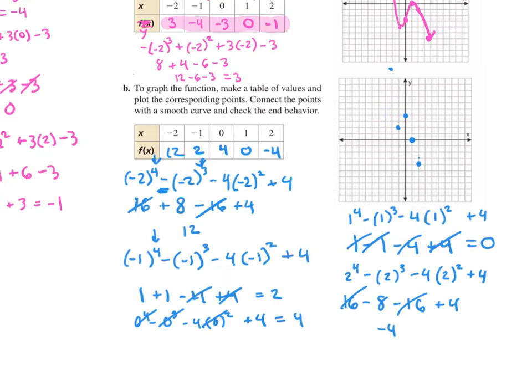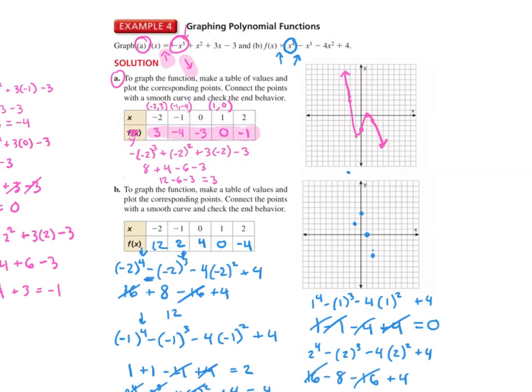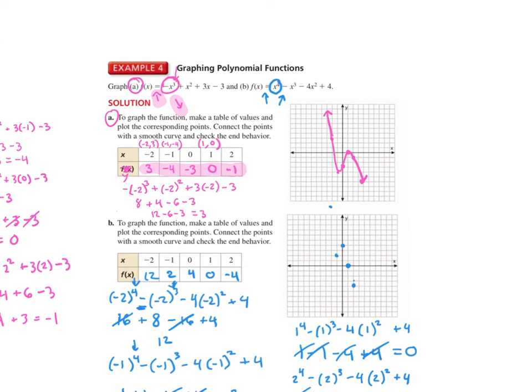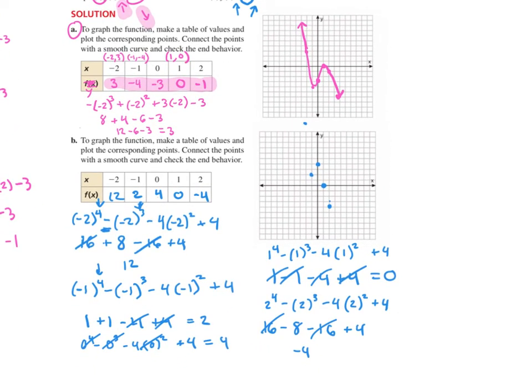So we said our end behavior is up and up, right? Yep, up and up. So we see here that it's going to end going up. Then we need to connect our dots here with a smooth continuous line. We don't end going down, so we can't put our arrow there. We know we're going to have to end going back up, so we can just put our arrow there.